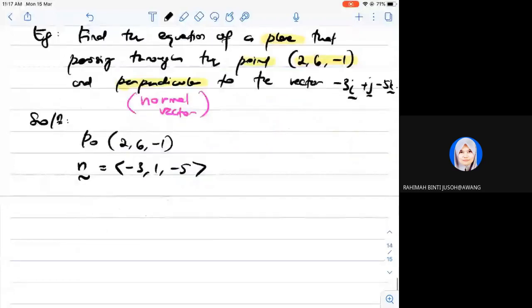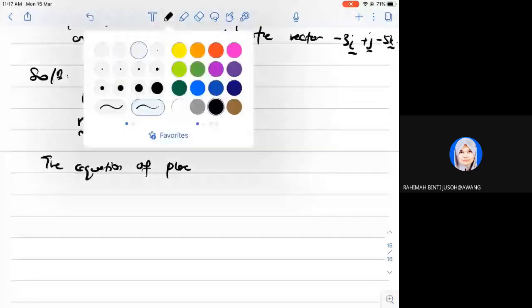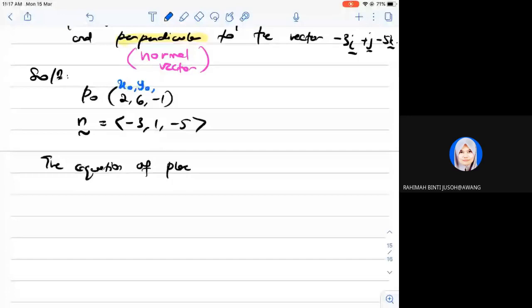So now the equation of plane. Here we have x0, y0 and z0, and this one is a, b, c. So you go straight to ax plus by plus cz.